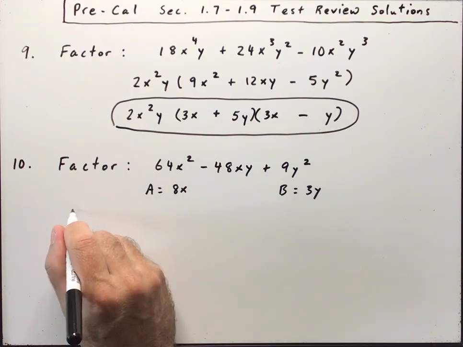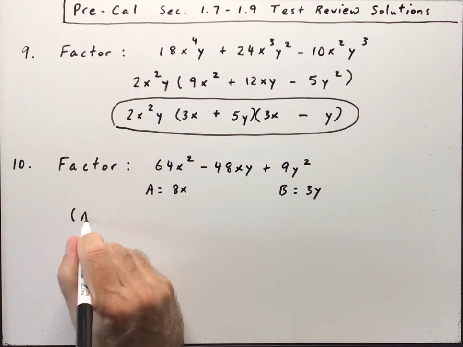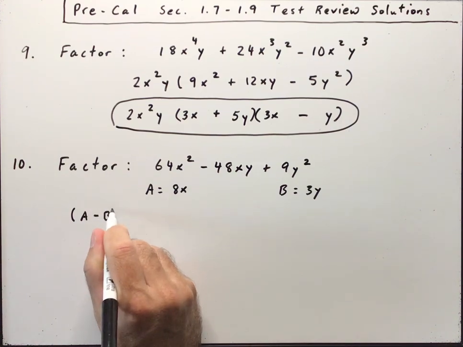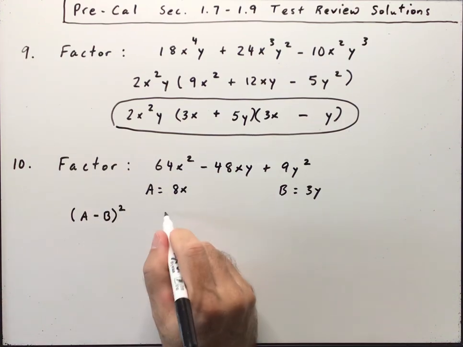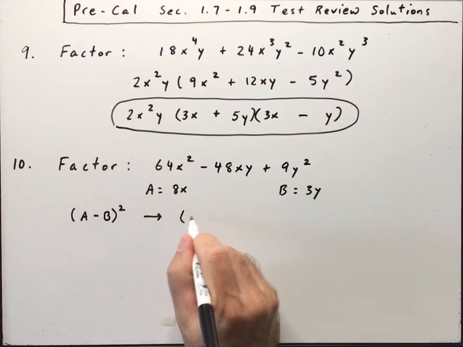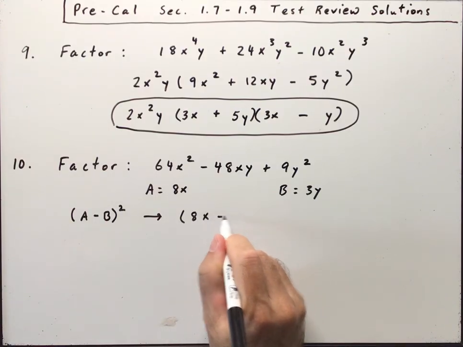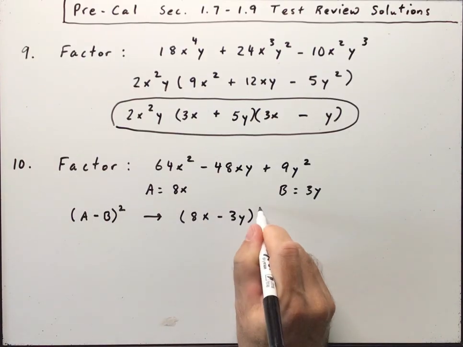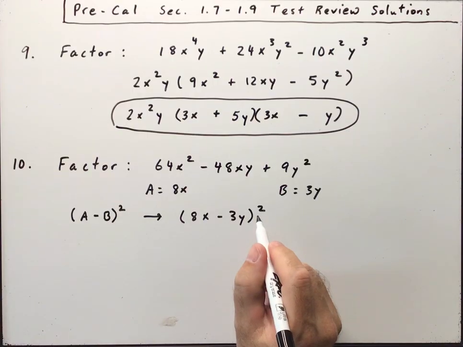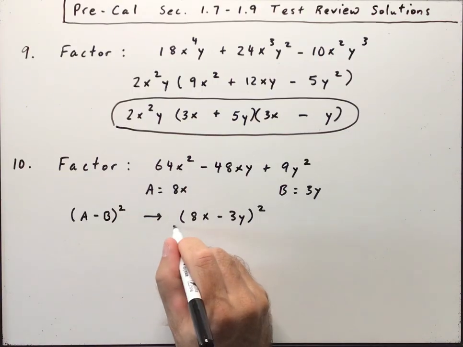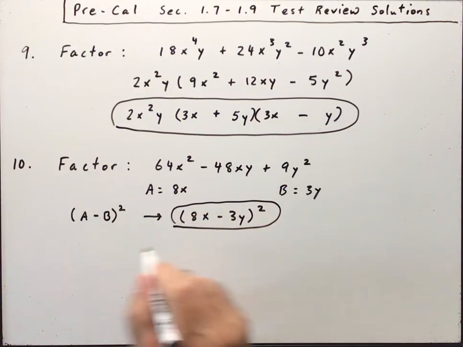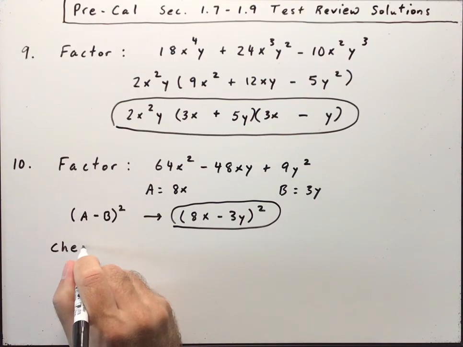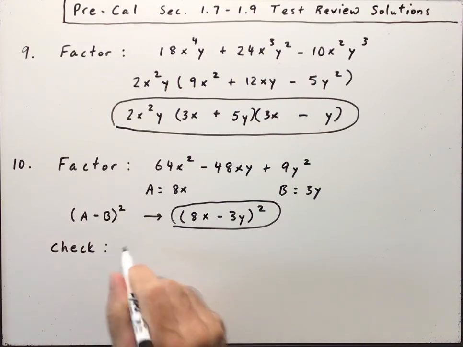Our factoring pattern, it should factor into a minus b all squared, right? So that's going to be 8x minus 3y all squared. So how would we check that? Well, I'm just going to do it on this one, but on your test I would suggest you do it.